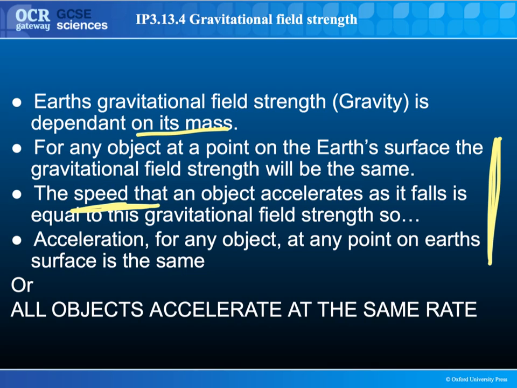So wherever you are on the planet, you fall at the same rate. All objects accelerate at the same rate. You might think, well, that's not true. I've seen that happen. I've seen things fall differently. The reason that things fall differently is because of air resistance and because of their shape. If you take away air resistance, you take away that friction and that drag, then all objects fall at exactly the same rate.